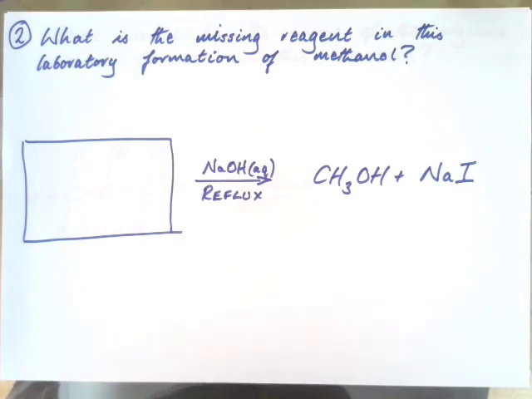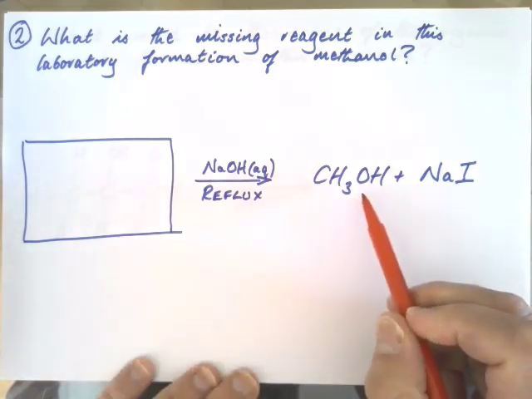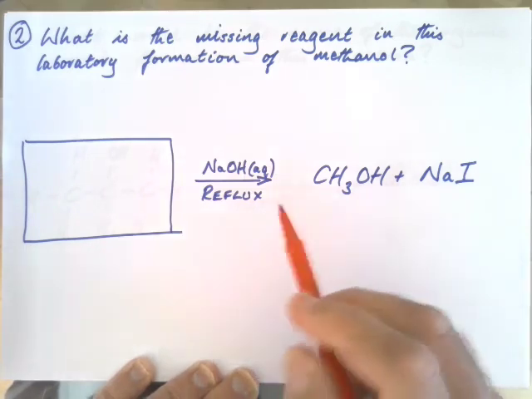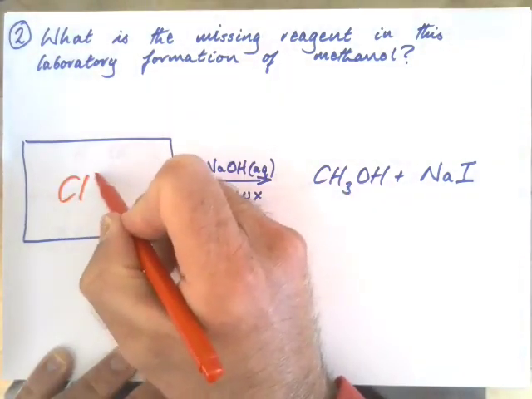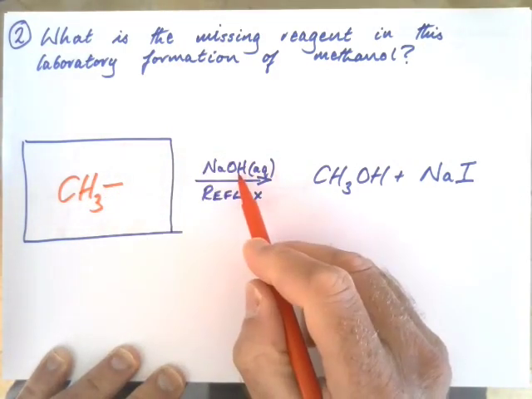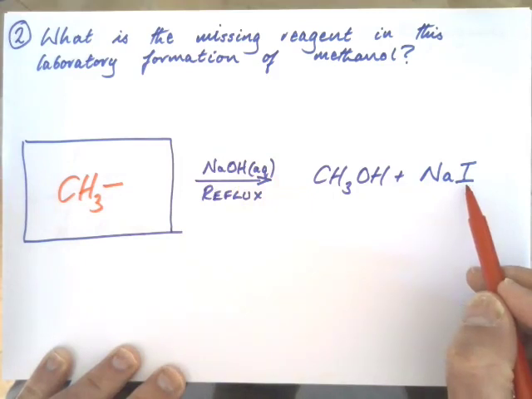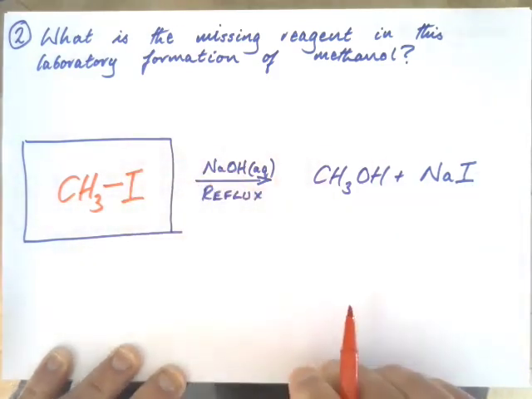Okay, a little bit sneaky of me here because this is actually a throwback from our halogenoalkanes poster, but we're making an alcohol, so it's legitimate of me asking you it here. The halogenoalkane, in this case, would need one carbon, so it would be CH3, attached to a halogen so that we could swap it for an OH, and in this case, the halogen must have been iodo.